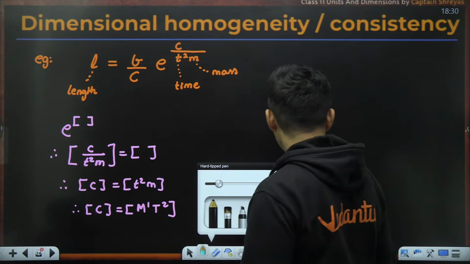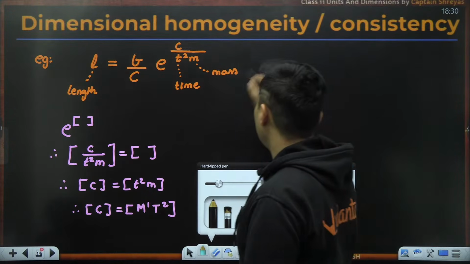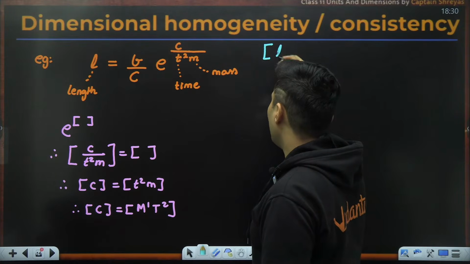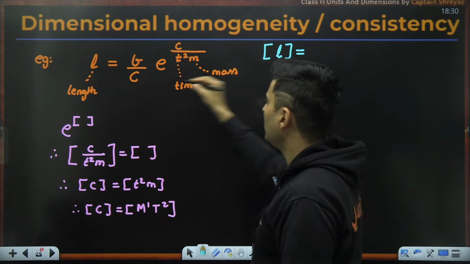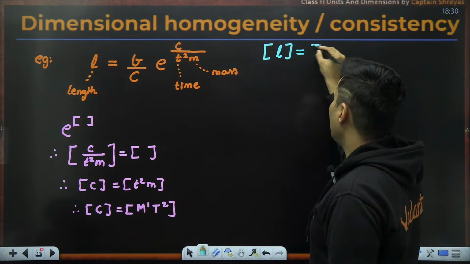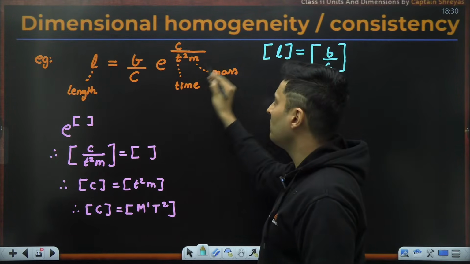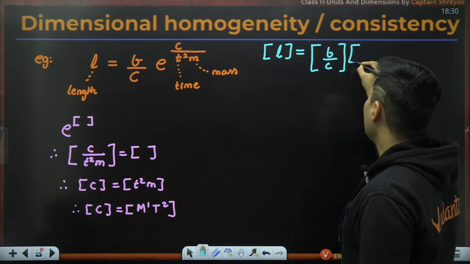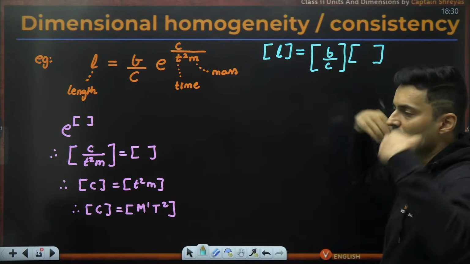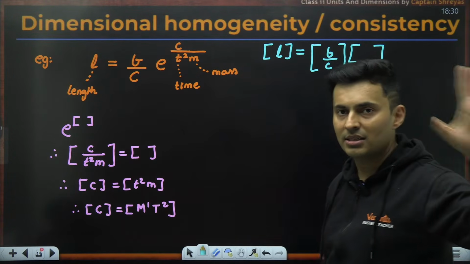Okay, next important thing, left hand side we have length. So the dimension of length should be equal to the dimension of B by C, and the dimension of this whole thing will be nothing, guys, because E raised to anything is dimensionless, right?